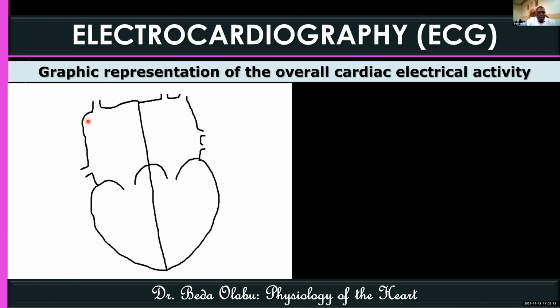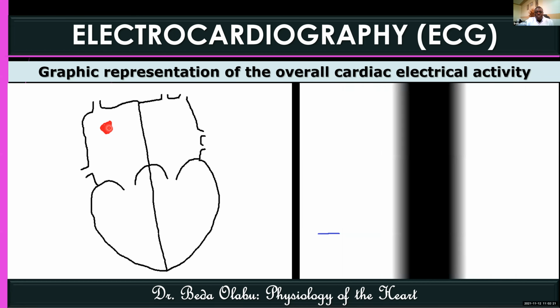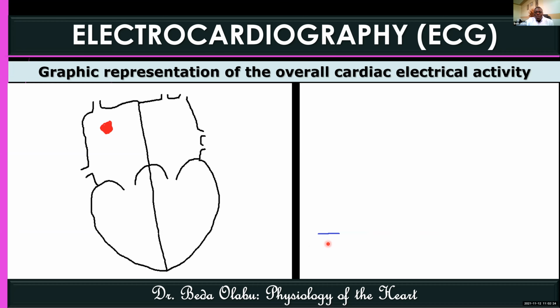We've said that there's a time that impulses begin at the sinoatrial node. When impulses are being generated at the sinoatrial node, on the ECG, especially on lead 2, we don't have an overall deflection. What we have is just a flat wave against time.